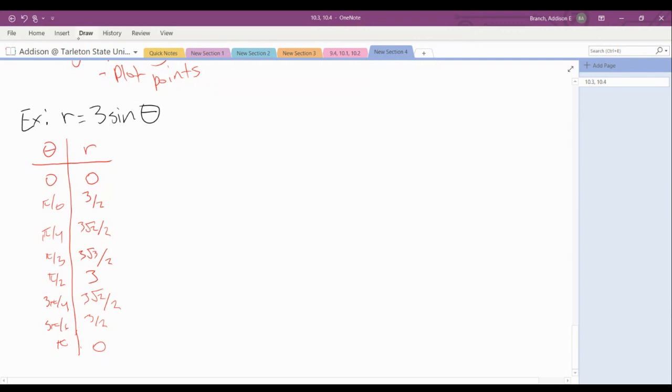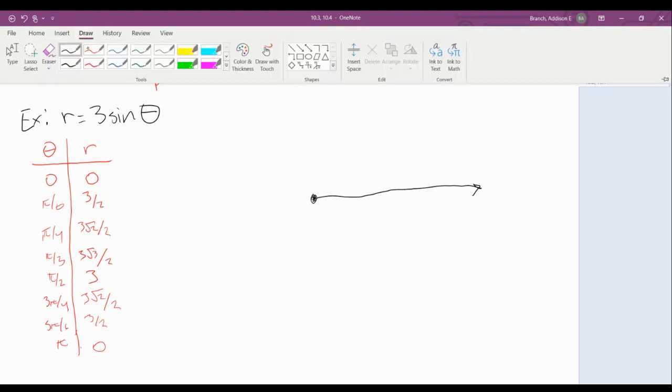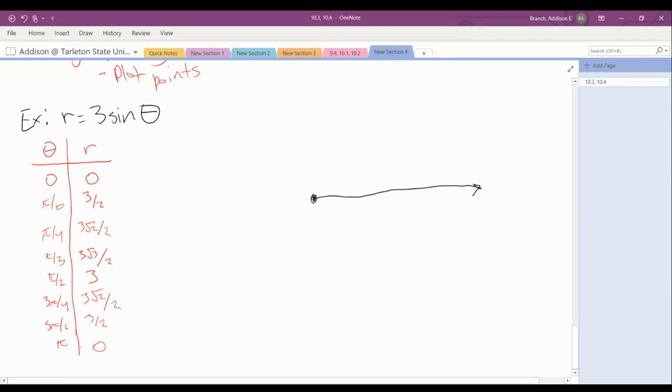All right, so let's plot this and see what we have. We're going to draw our graph and start plotting points. We have 0, 0. I plugged this into a calculator to approximate.